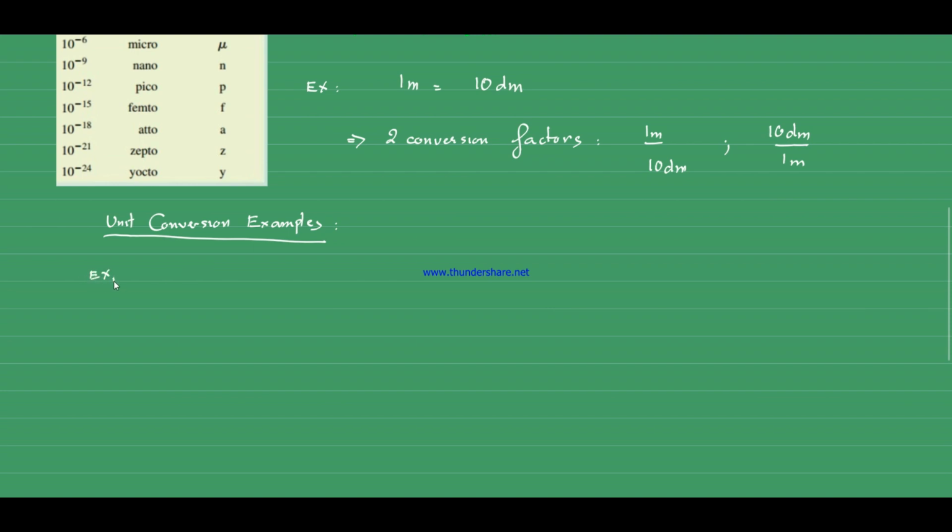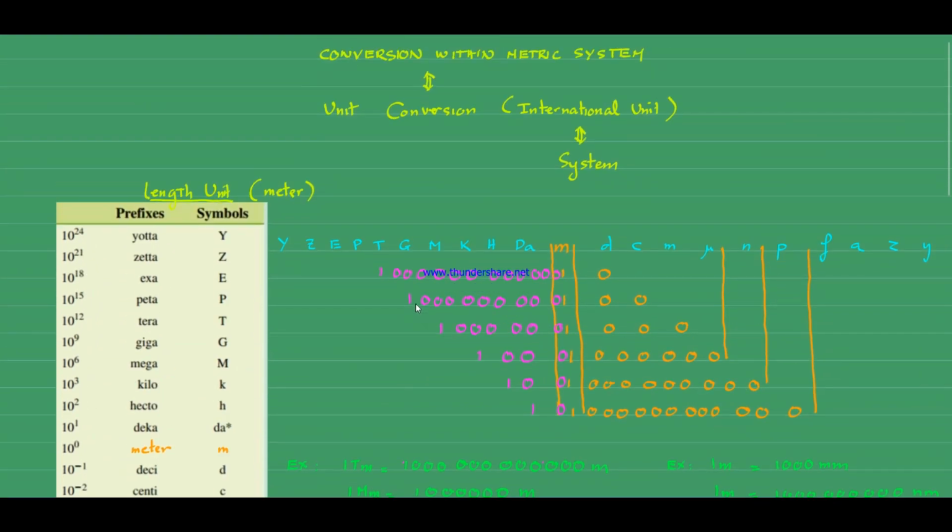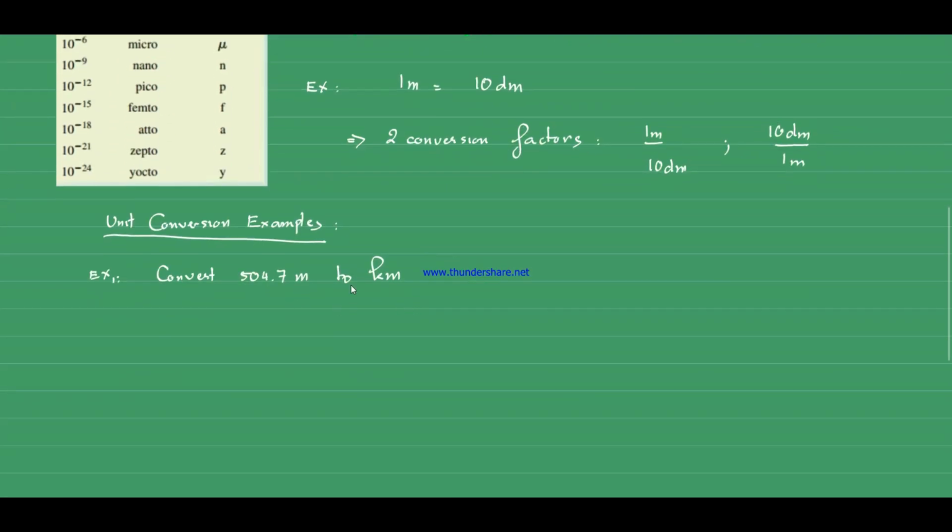Example number 1. I want you to convert 504.7 meter to kilometer. All right, so in order to convert meter to kilo, we know that this is the meter metric system, right?